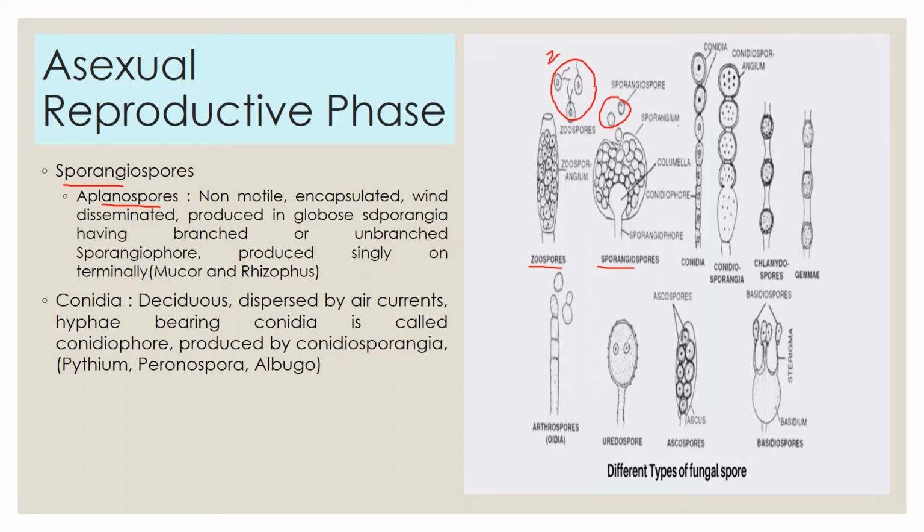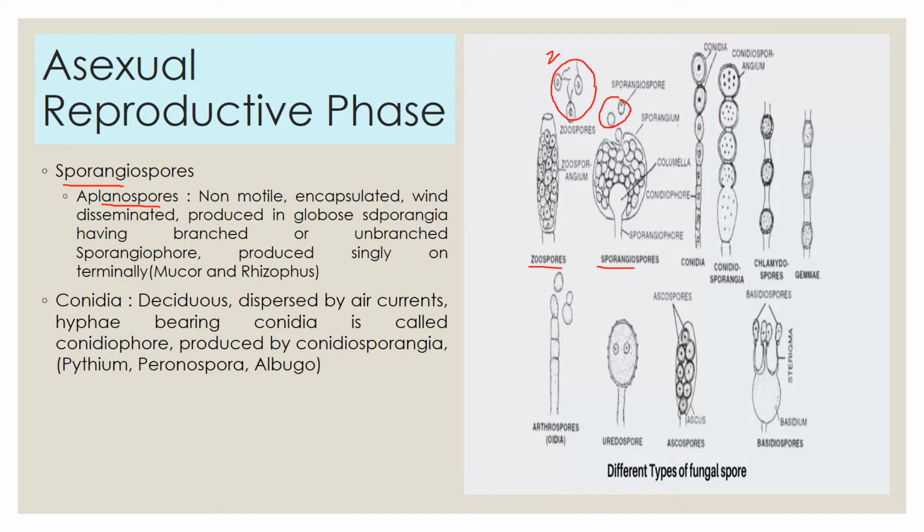But the aplanospores, after they are dispersed by the apical papilla or the split in the wall of the sporangia, are liberated and distributed by wind or by animals, especially small invertebrates that carry off these aplanospores to distant places.